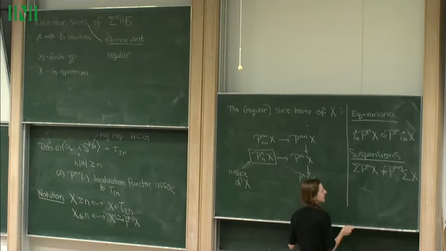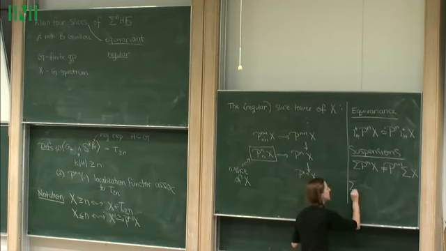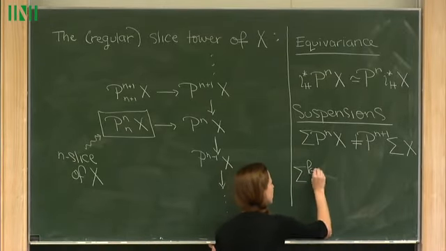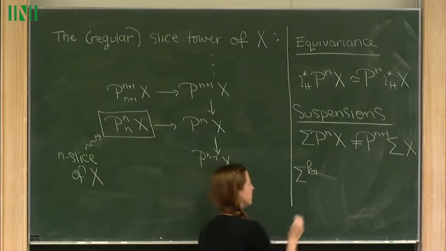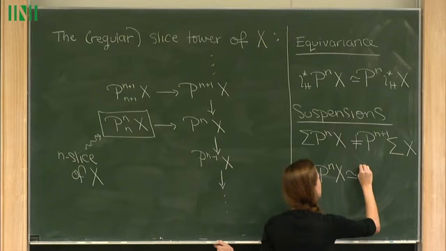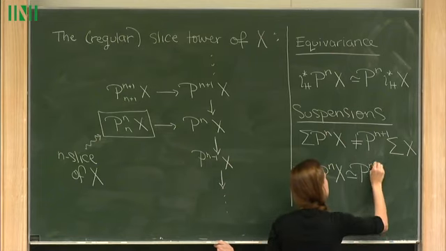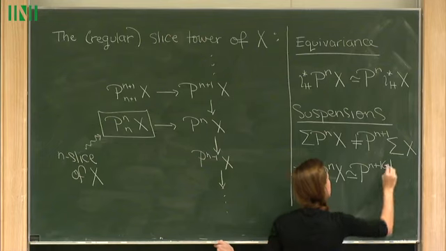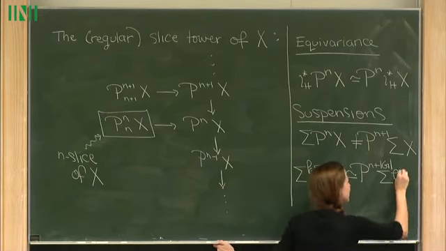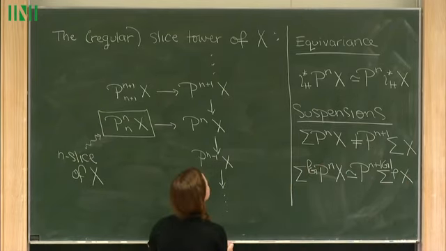So while that one is not true in general, if I were to suspend by rho, where I'm thinking of the regular representation of G, this will be equivalent to the tower for the rho suspension of my spectrum.